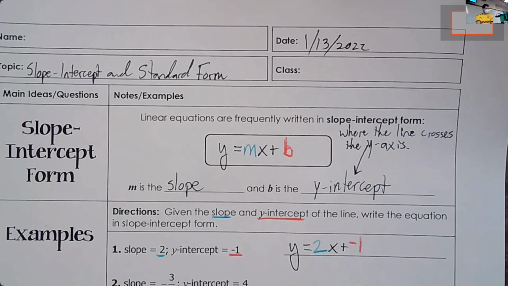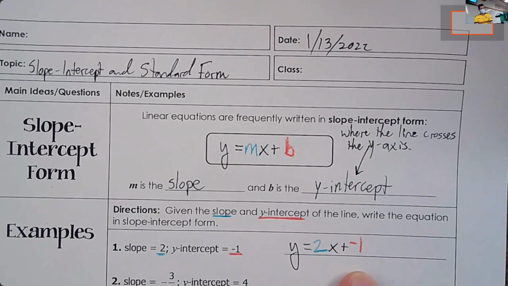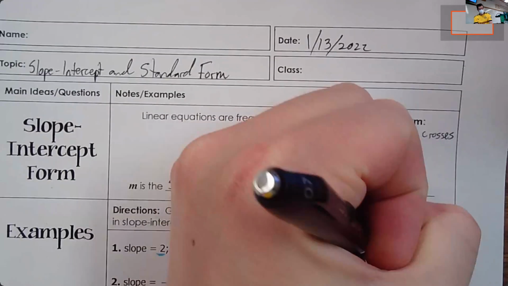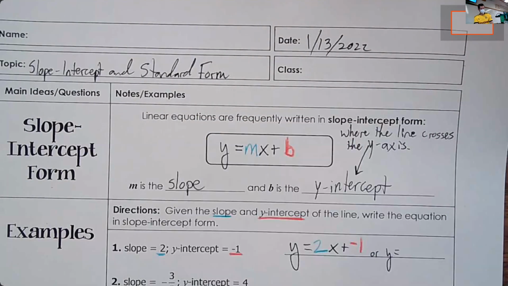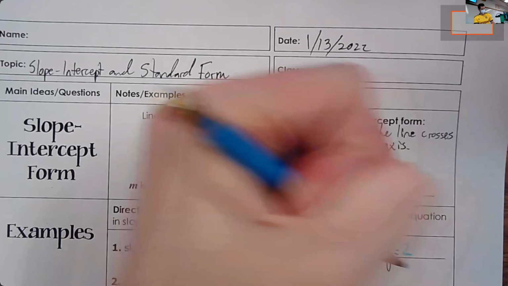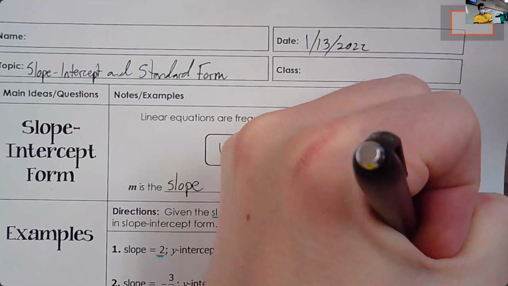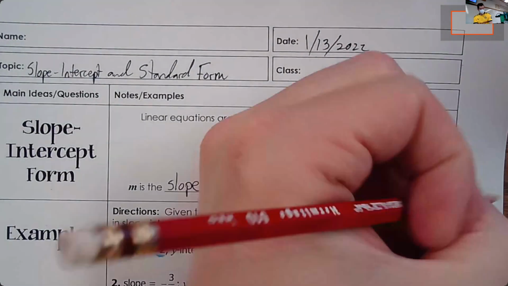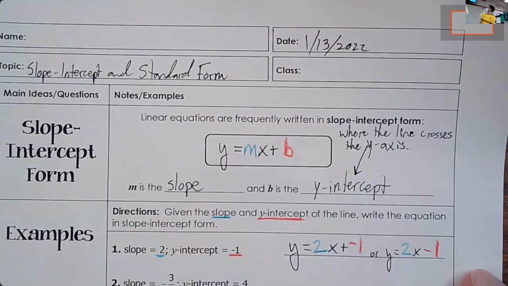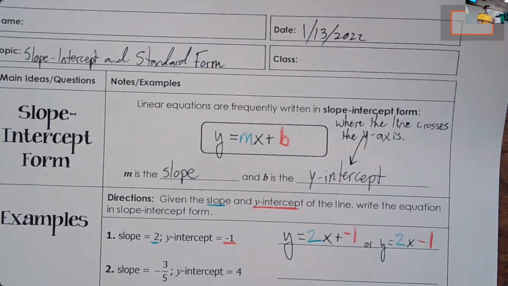Now, you will see it written like this occasionally. However, I'm going to say y equals 2x minus 1. This is going to be more common. You're usually not going to see a plus and negative. You'll usually just see minus.